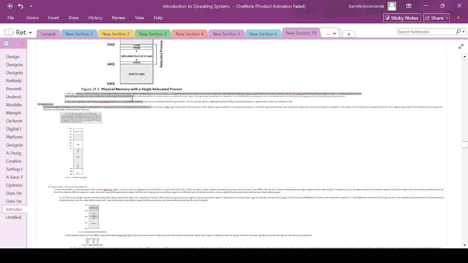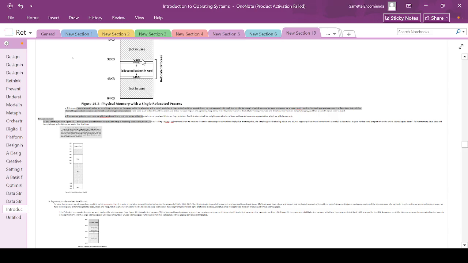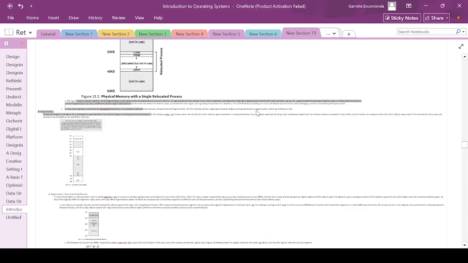A different solution might instead place a fixed size stack within the address space, just below the code region. So here is the code, then the stack, and a growing heap below that. However, this limits flexibility by making recursion and deeply nested function calls challenging.